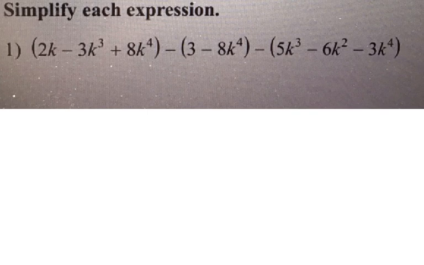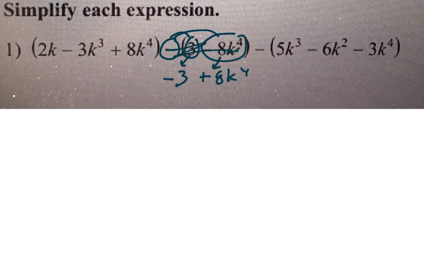Some of you guys still get this wrong, okay? So look at my problem 1 here. Notice I have a minus right here. We got to distribute the minus, okay? We got to distribute the minus. So 3 becomes minus 3, minus 8 becomes plus 8. Here we have another minus. Distribute the minus.